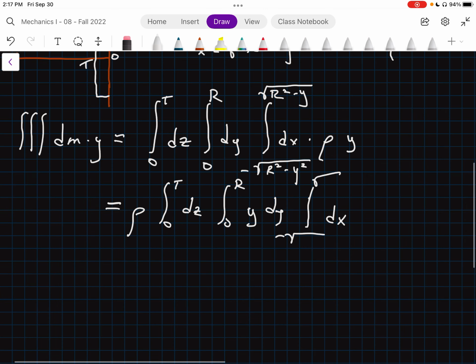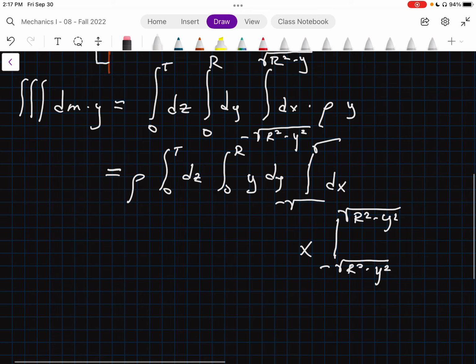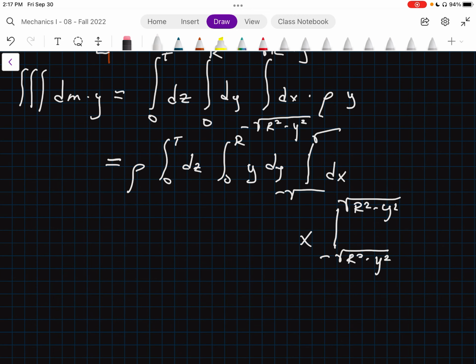Okay, so if I do my x integration first, the integral of dx is just x, and I need to evaluate between negative square root of r squared minus y squared and the square root of r squared minus y squared. And then I still have all the rest of this coming down on the left side.